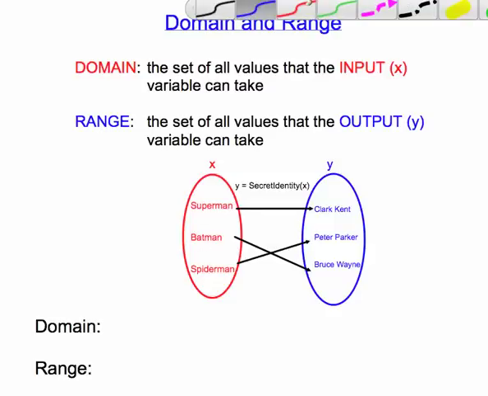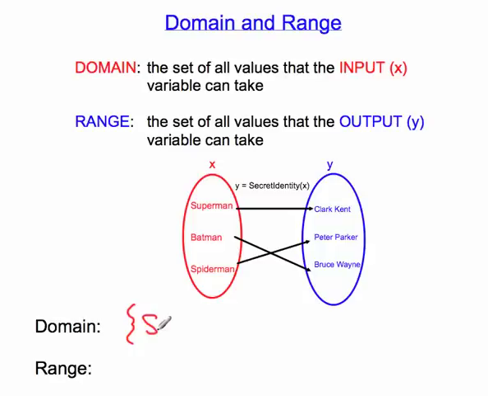So the domain for this function would be written using these squiggly brackets: Superman, comma, Batman, comma, Spider-Man, closed squiggly brackets.